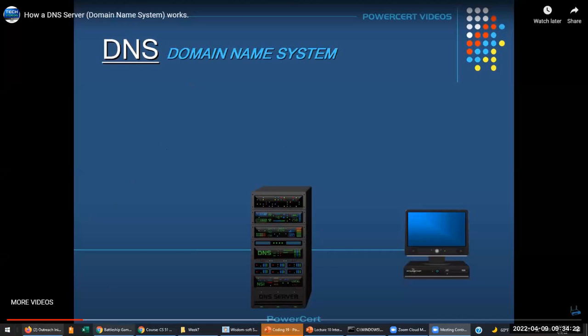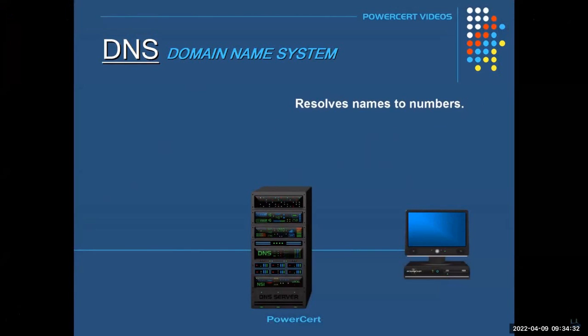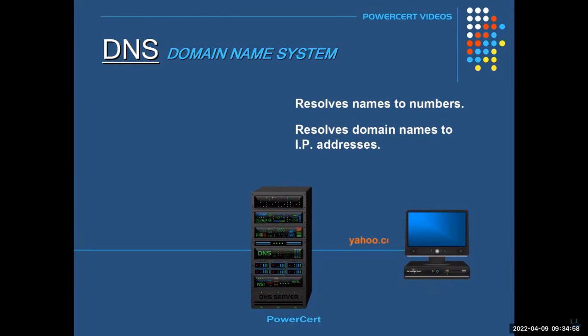So now this is the domain name system that we use to do translation. DNS resolves names to numbers. To be more specific, it resolves domain names to IP addresses. So if you type in a web address in your web browser, DNS will resolve the name to a number, because the only thing computers know are numbers. For example, if you wanted to go to a certain website, you would open up your web browser and type in the domain name of that website. Let's use yahoo.com.